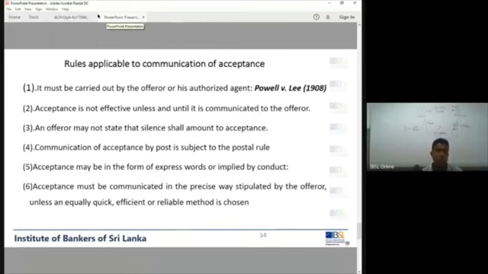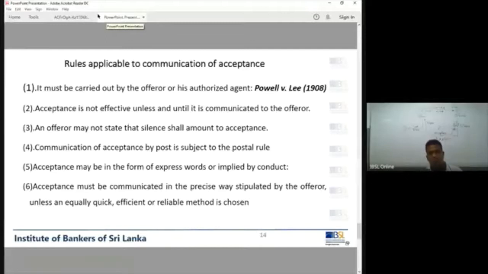Number 6, acceptance must be communicated in the precise way stipulated by the offeror unless an equally quick, efficient, reliable method is chosen. So this is a new development of the law. Previously I said that when the offeror says the acceptance should come in a certain mode, the offeree has to accept in the same mode.